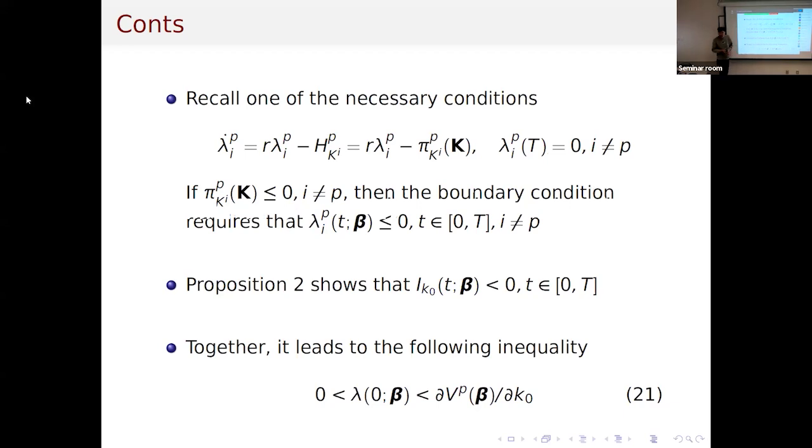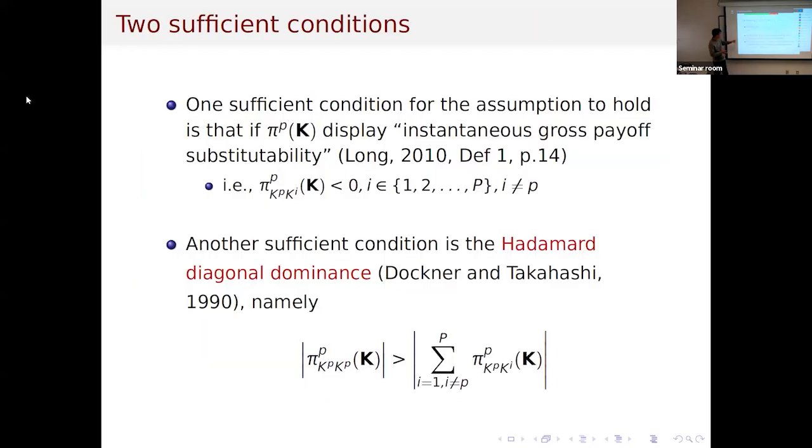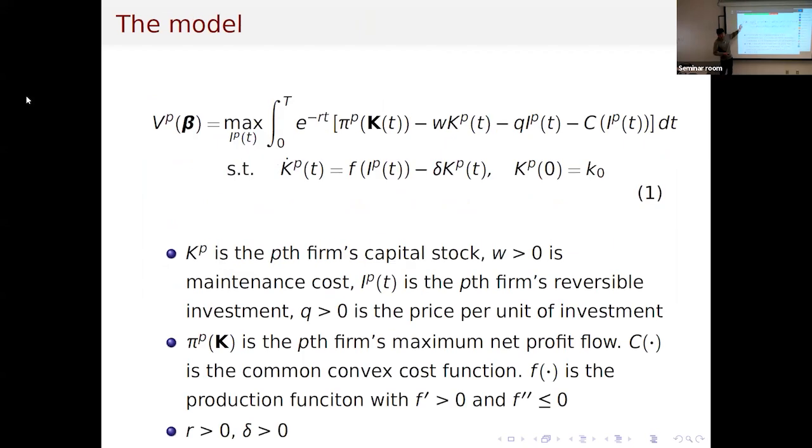So what is VP? Sorry, I haven't mentioned that. VP is the optimal value of the players. Which means that if the initial capital goes up, what's the value for players?